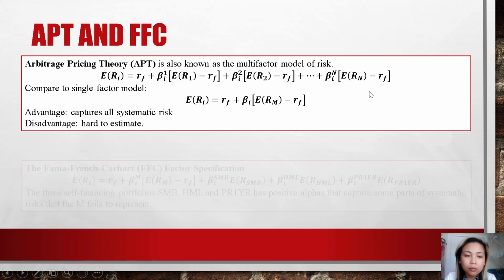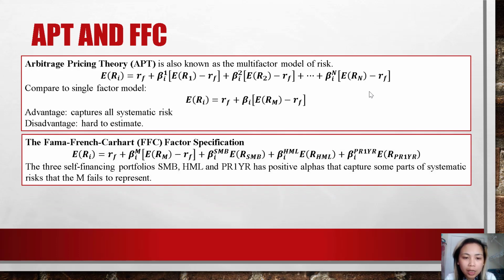Now for the Fama-French-Carhart FFC factor specification, we also have different factors, but some of them are not risky factors, and they are self-financing portfolios. So basically, for any risky portfolio, we have to subtract RF. Otherwise, we don't have to subtract RF in the parenthesis.